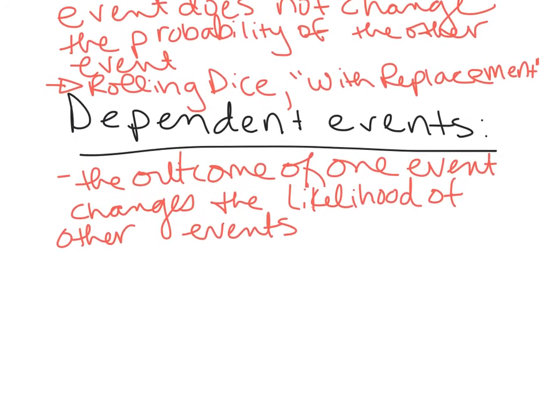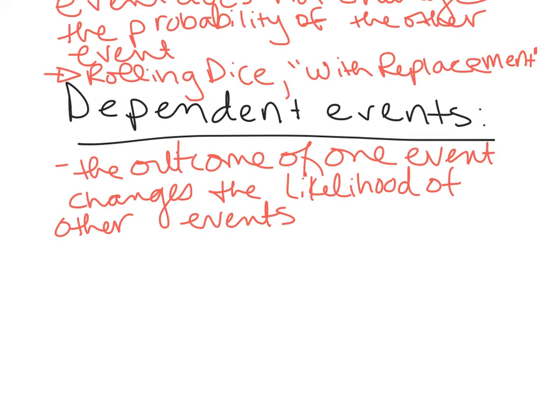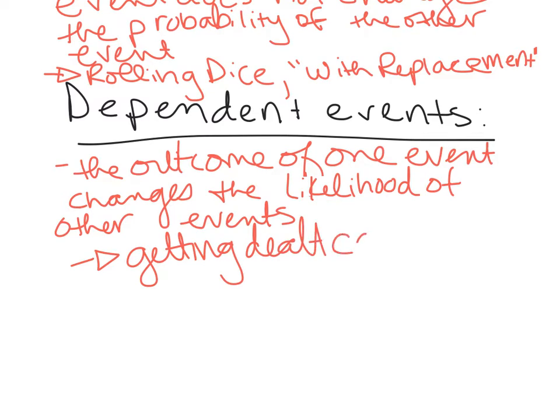So this would be things like getting dealt hands in a card game, because obviously as the cards are getting dealt, your likelihood of getting different cards will change based on what's been distributed.